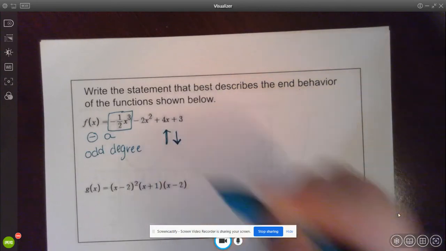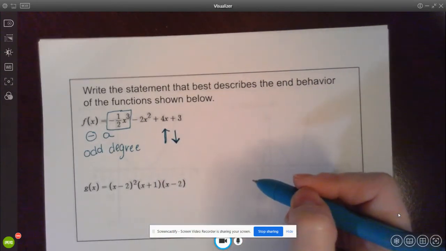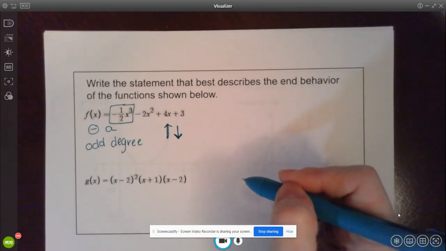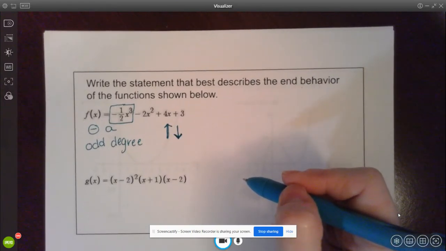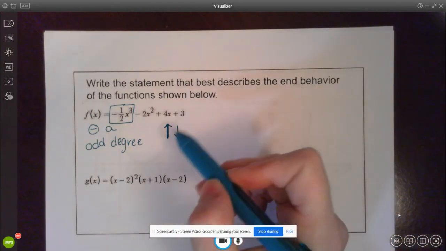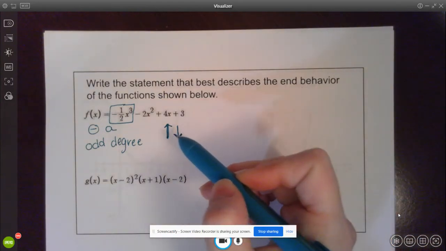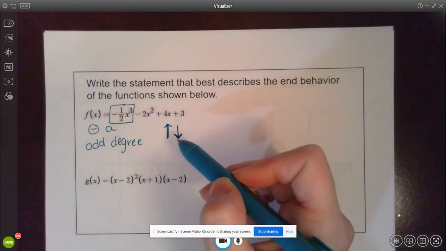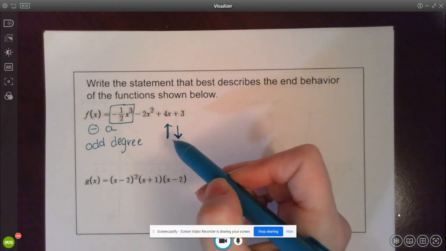There are a lot of different ways that people write end behavior statements. We are going to write this in more of a sentence style. So we're going to make a statement for the left and a statement for the right. Talking about the left side of my graph, that's where all of my x values are negative.